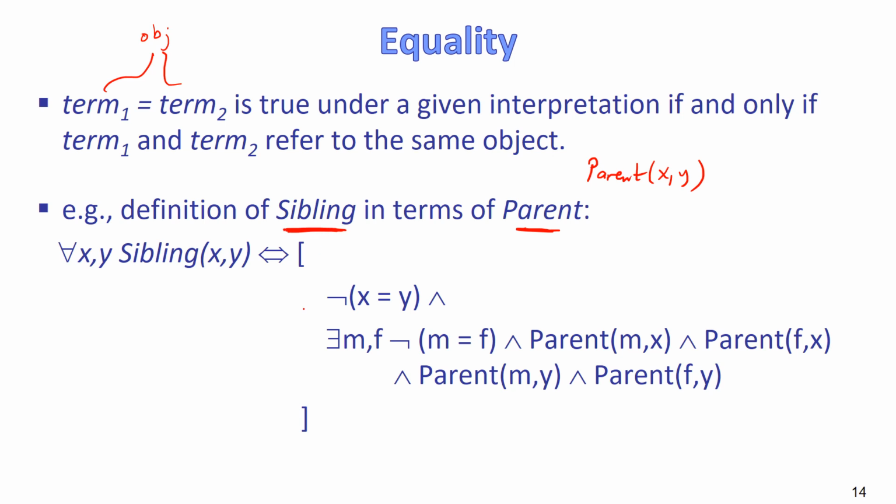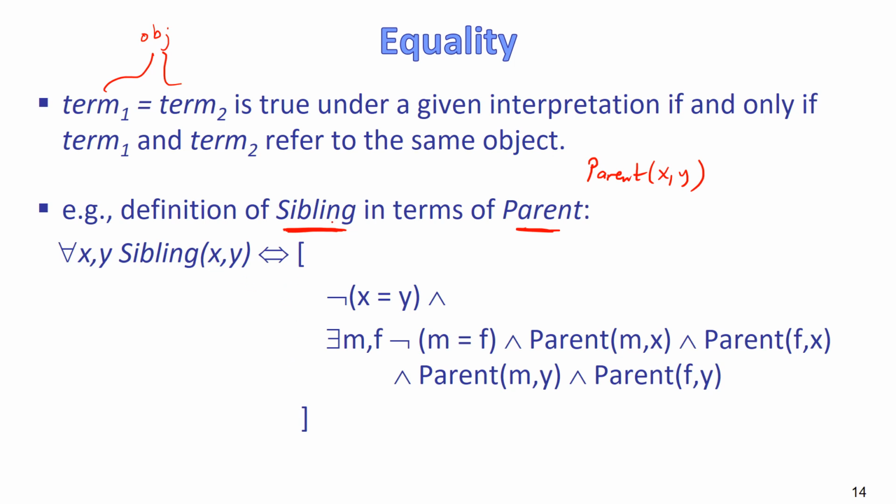How can we define it? One way of defining it, only using parent, is this way. Let's take this complex sentence step by step. First, we define the predicate sibling, which means X is a sibling of Y, this way.